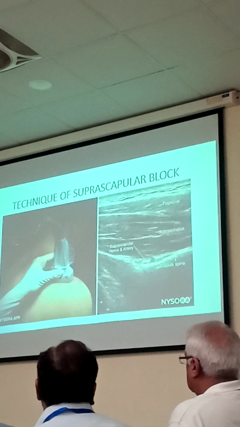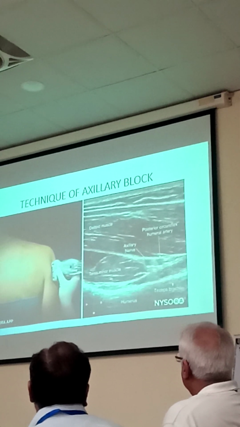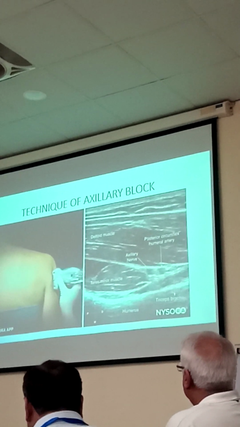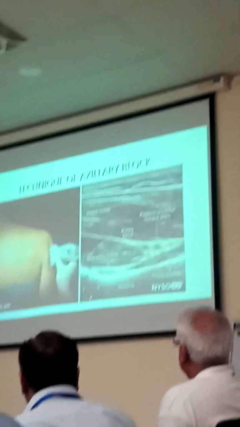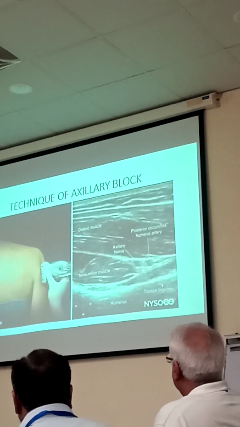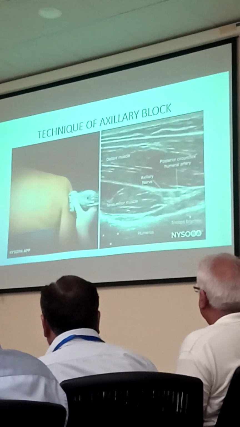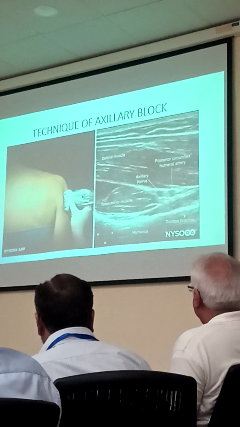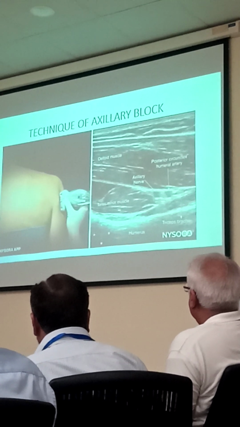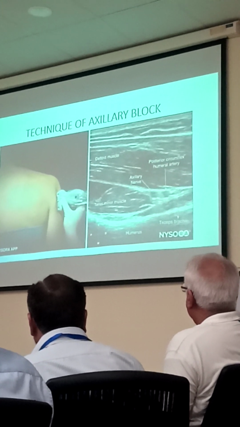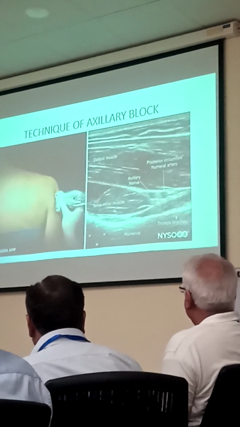Now this is the axillary block. This is not the axillary brachial plexus block, but it is the axillary nerve block, as it emerges from the brachial plexus, and then it curves back and goes to the posterior part of the humerus.